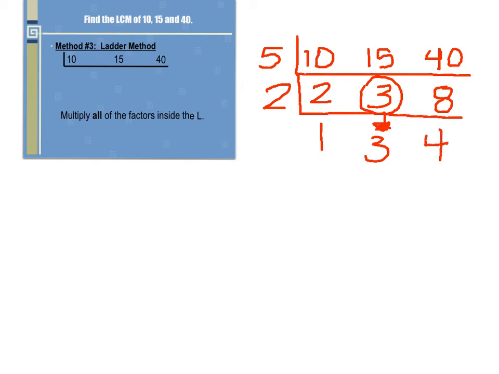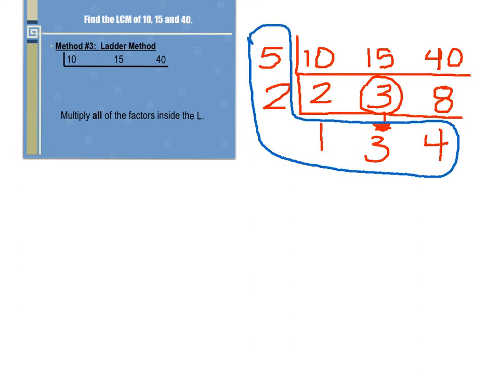Okay, so now looking at the numbers that remain, I can't find any prime numbers that go into all three, or any that would go into 2. So therefore, now I know that I'm done. That's the biggest difference. Again, I'm going to make this letter L out of the numbers that are left over, and now I can multiply those out.